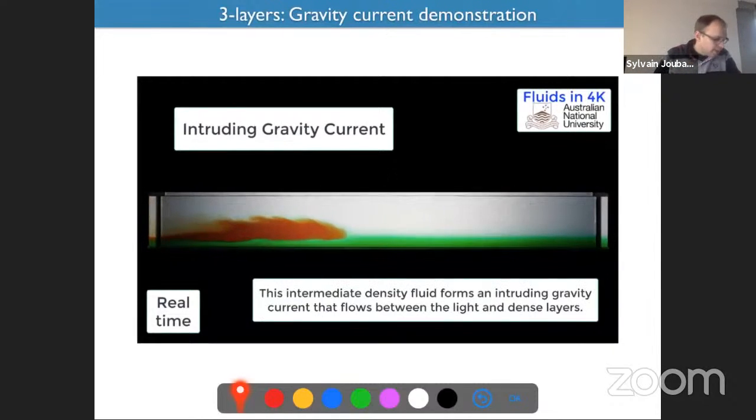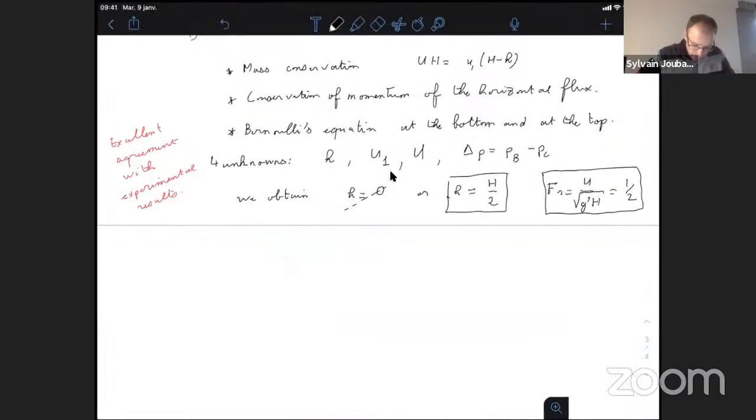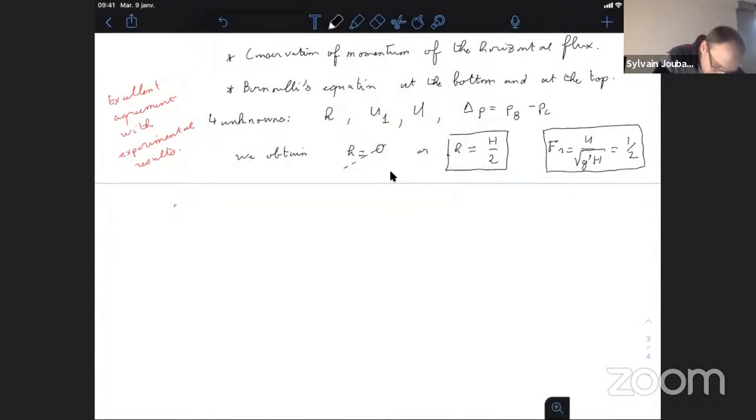And now, at the end of the system, you have a 3-layer stratification. It's also a simple experiment you can see here. Dense fluid, less dense fluid, and even less dense fluid. So just a 3-layer stratification.